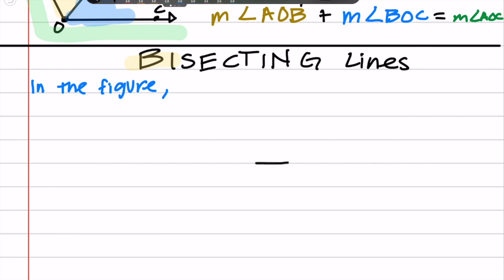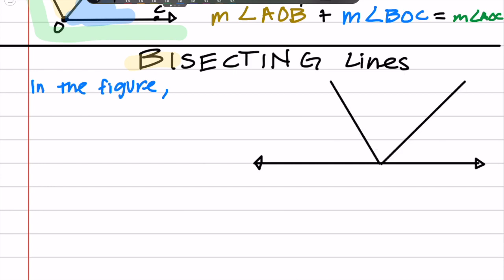Okay, so in the figure, ray BA and BC. And let me go ahead and draw this picture first. And I think I'm missing a line. Hold on.